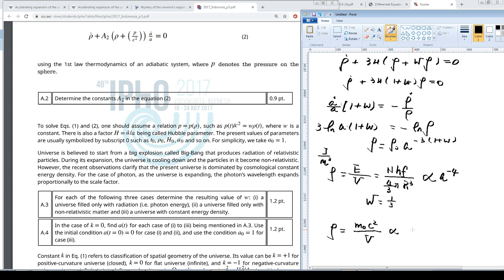So this will simply be a to the negative 3, and w will be 0. Finally, constant energy density. Oh, so that's just a to the 0. Therefore, w will be negative 1.